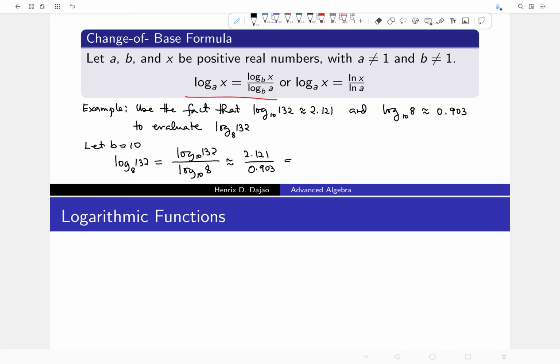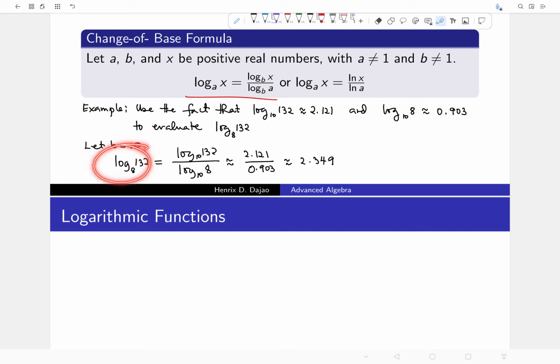If you divide 2.121 by 0.903, the answer is approximately, rounding off to 3 decimal places, 2.349.